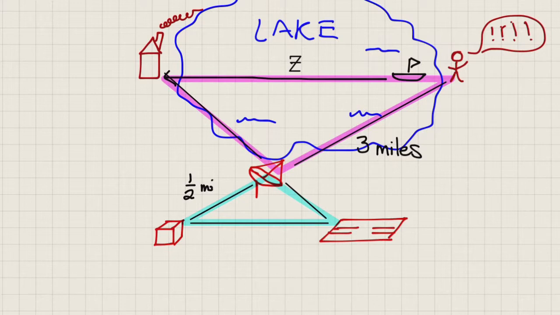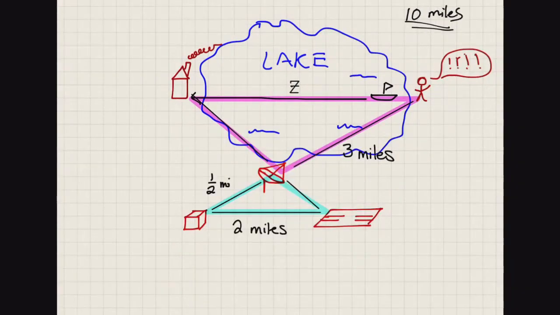And I know the distance between the outbuilding, or what we call the cube building, and the parking lot is 2 miles. Okay, so this is what you'd be given in a problem.